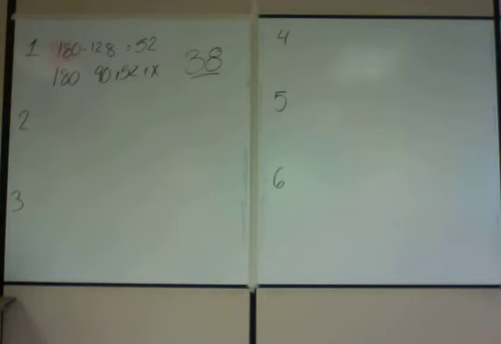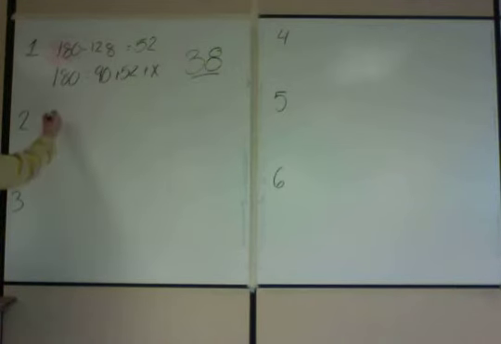Number 2. Given two parallel lines cut by a transversal, find the value of X in the diagram below. So those two angles are going to be supplementary. And again, if you want more examples on all of the properties that go with parallel lines, you need to come up and see me right now. But those two are going to be supplementary, which means they're going to add to 180.